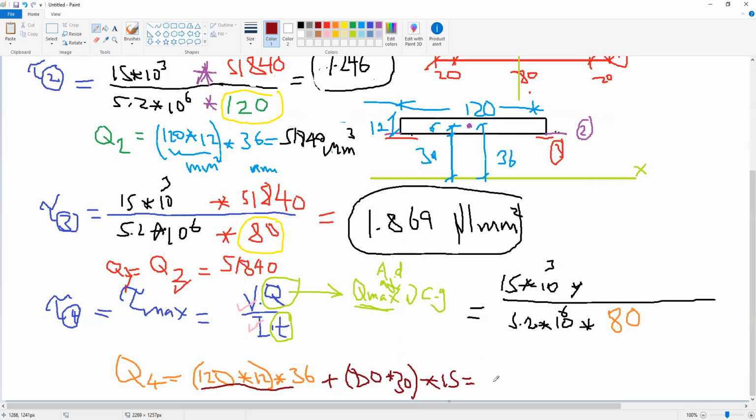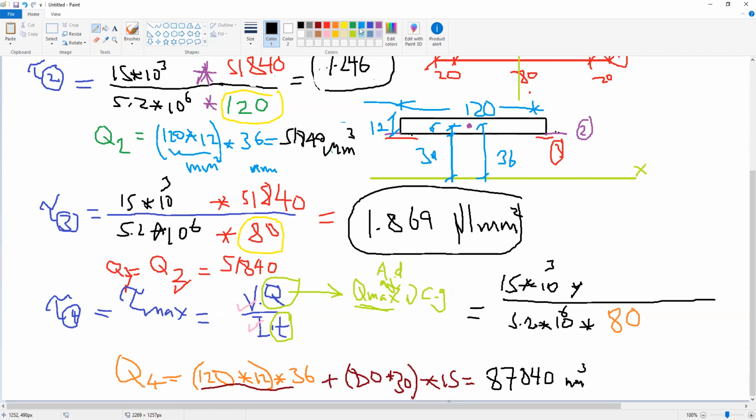Okay, so 80 by 30. This will give us the moment of area equal to 87,840 millimeter to the power 3.